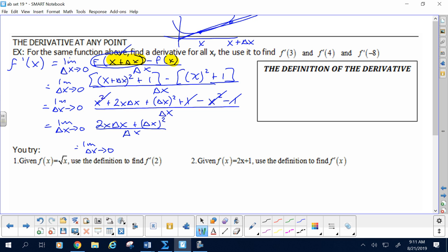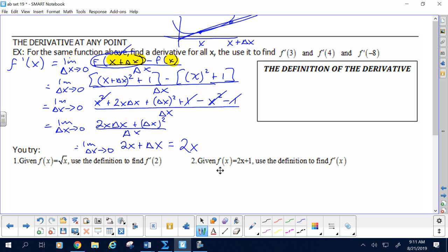What could I do next? I could cancel a delta x, leaving me with 2x plus delta x. Now can I evaluate the limit? Yes, the limit is 2x. Now, again, remember the objective was to get a rule for the slope at any point. So it's good that there's an x there. It's not a number. Don't let that freak you out.